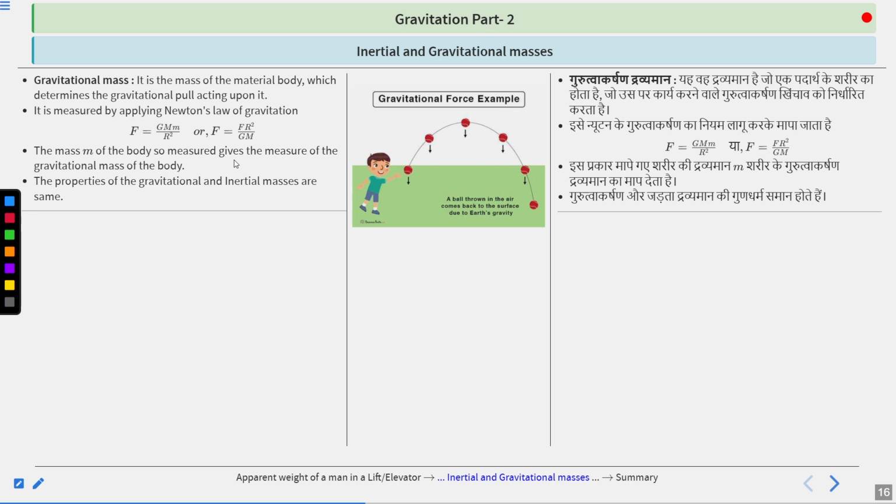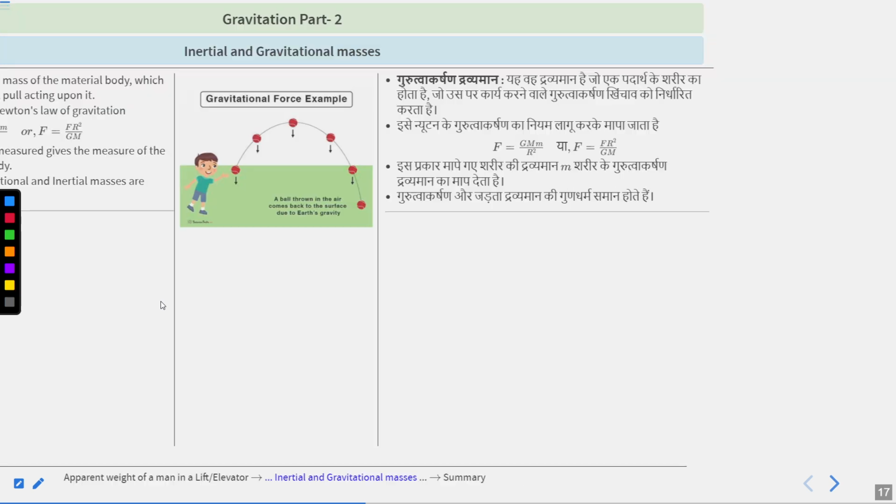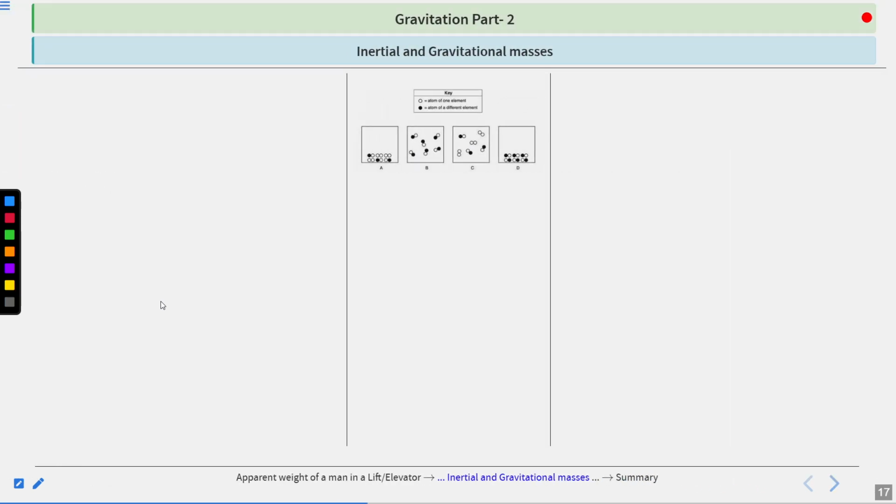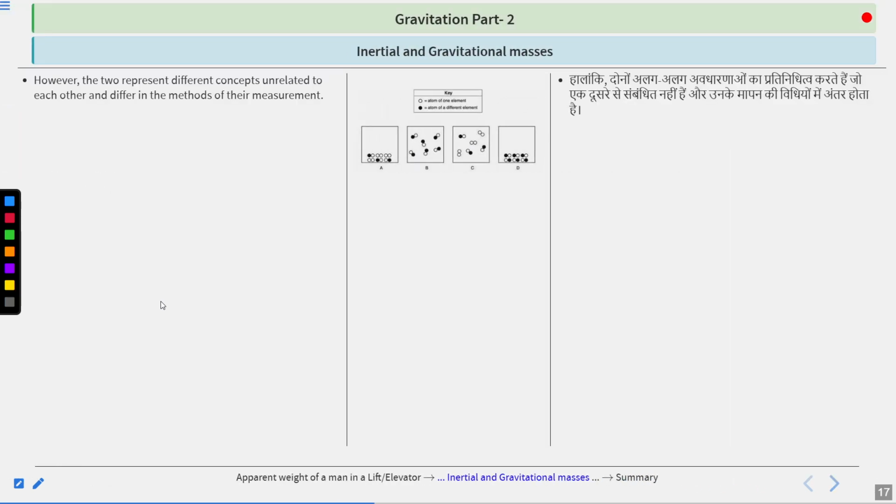So the ability of a body to resist the change in its current state is the inertial mass, whereas the mass of a body through which it deals with the gravitational pull acting upon that body is the gravitational mass. However, the two represent different concepts and differ in the methods of their measurement.